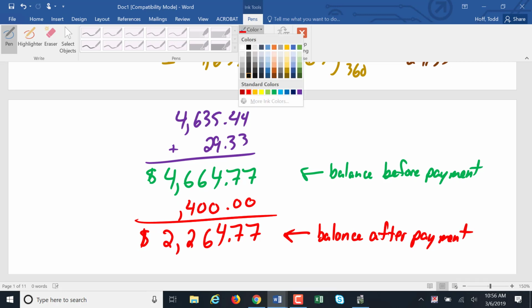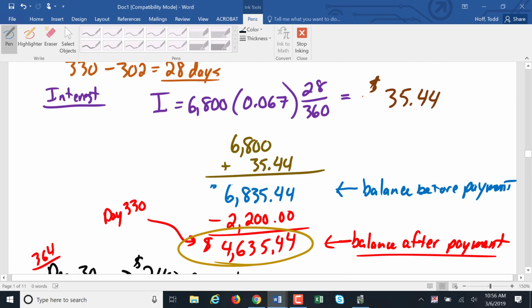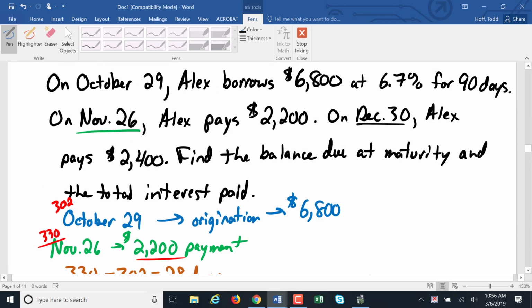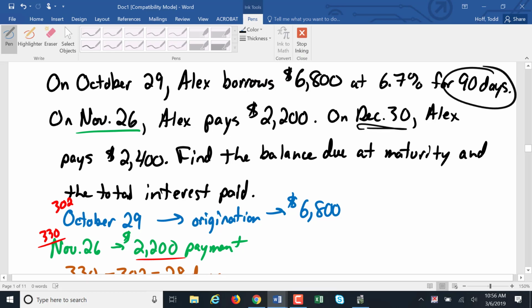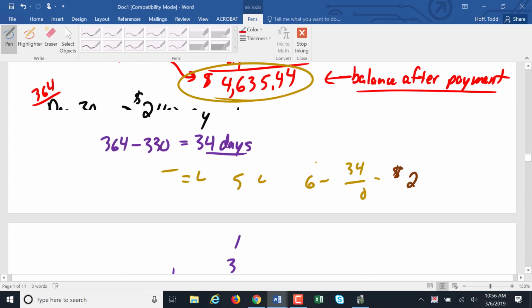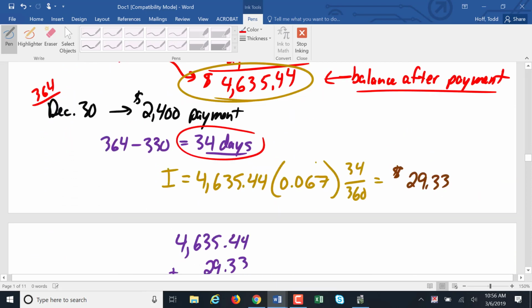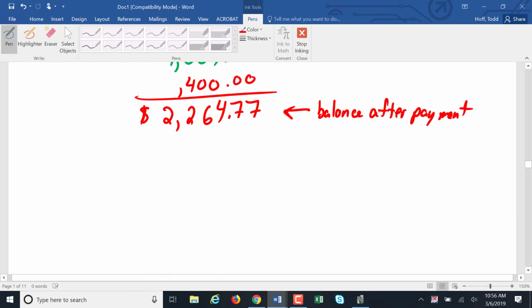Now we still have some time to go here. This was a 90-day note. So far, we've used up 28 days and 34 days. So on a 90-day note, there are 28 days left.